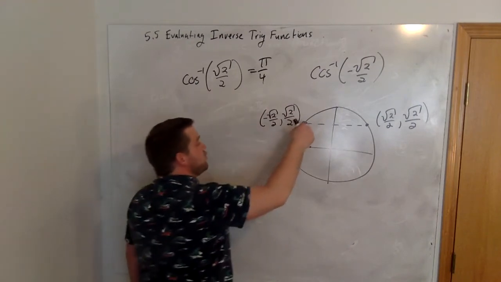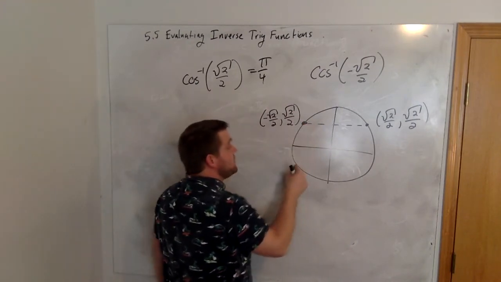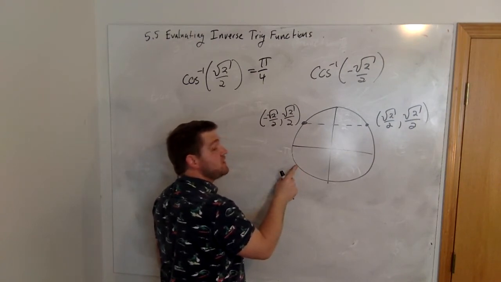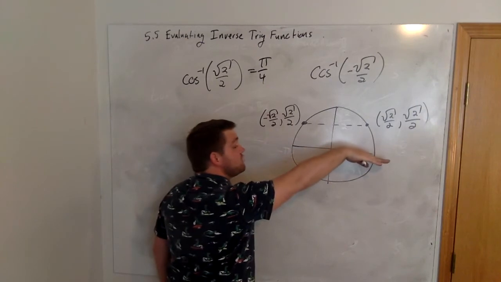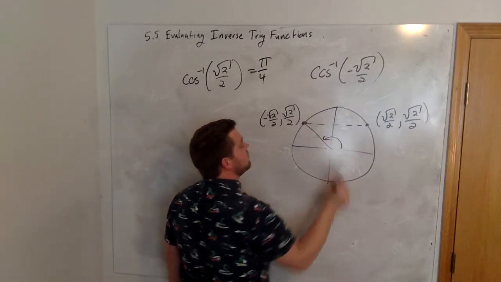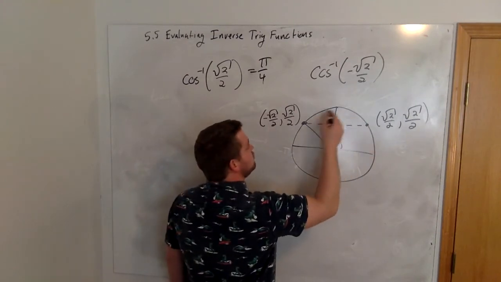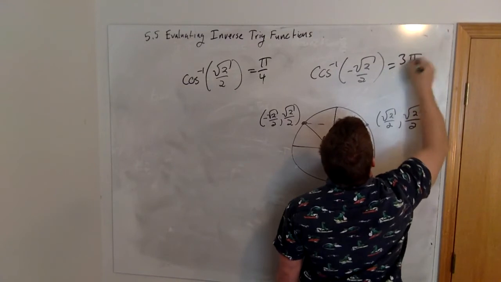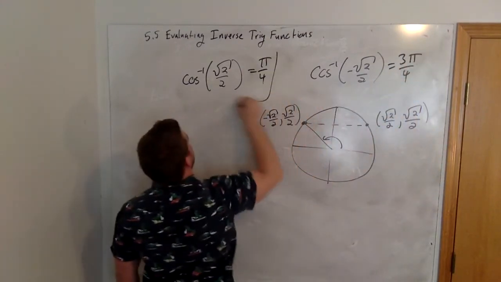So right here and also right here give you an x coordinate of negative root 2 over 2, but remember that cosine inverse only spits out angles between 0 and pi. So we want to report this angle. So what is that? 1, 2, this is 3 increments of pi over 4. So this is 3 pi over 4, and this is the answer.